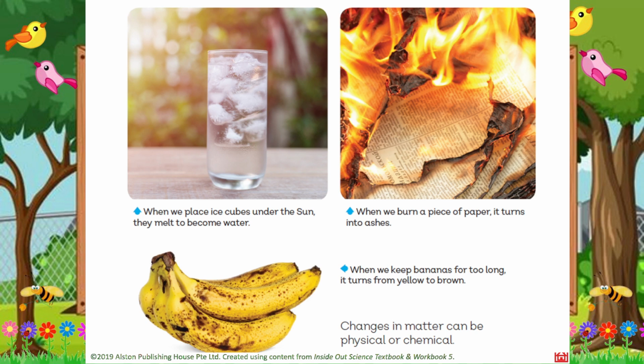When we burn a piece of paper, it creates a new black substance we call ashes. Okay, so the last example is when we keep bananas for too long, it turns from yellow to brown. So basing on the examples given, matter can change its shape, color, its state, and as well it can also create a totally new substance.